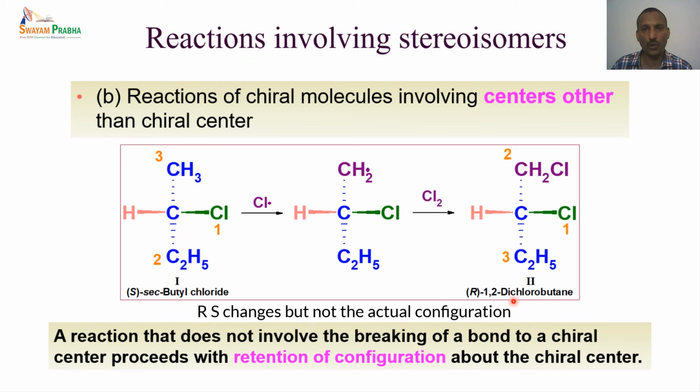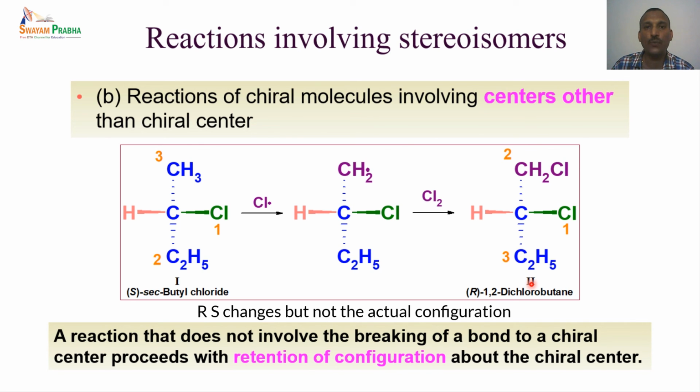That is the reason you have to always draw the structure of the starting material, which is the S isomer, and the product, which is the R isomer. Then you compare whether there is any bond that is broken in the reaction at the chiral center. So this is what you have to always remember.